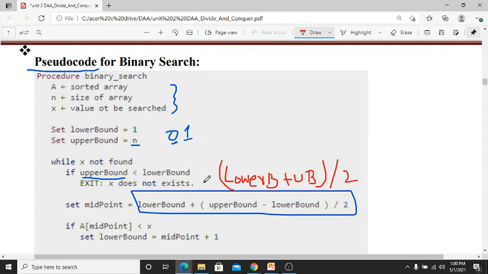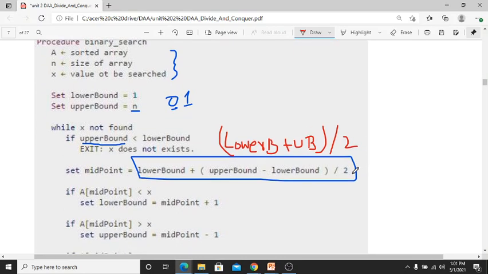In place of the earlier formula, which may confuse you, I am writing this one, which will be easy for you: lower bound plus upper bound by 2. When it is performed, we get the value of mid.